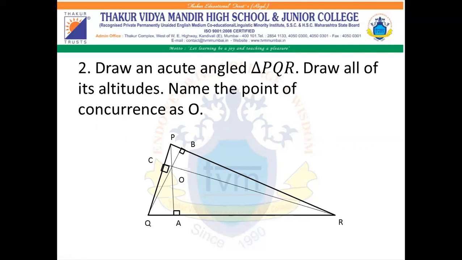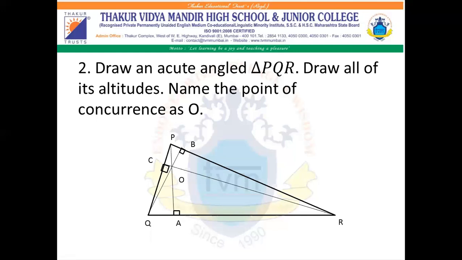Here, in triangle PQR, measures of angle P, angle Q, and angle R are less than 90 degree. Therefore, triangle PQR is an acute angle triangle.